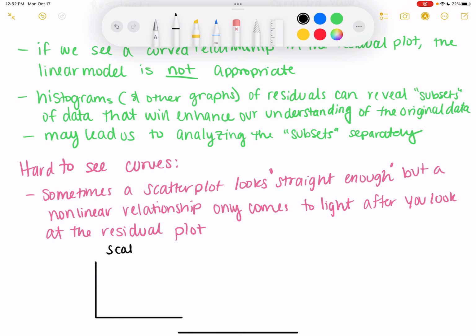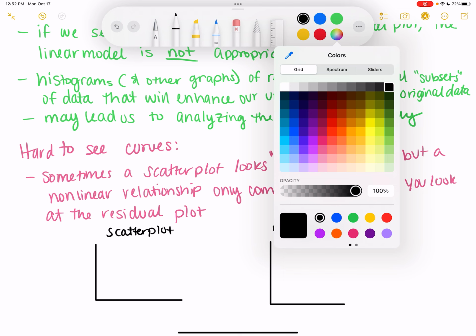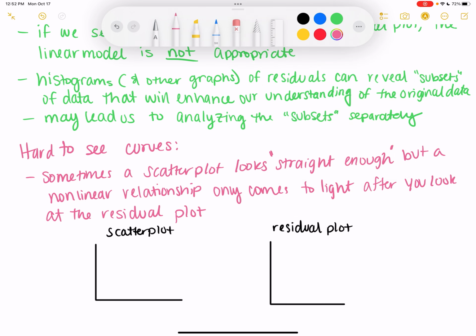So this first one is going to be the scatter plot, with the next one being a residual plot. So your scatter plot may look linear, but your residual plot something more like this, where it's got a curve in it.